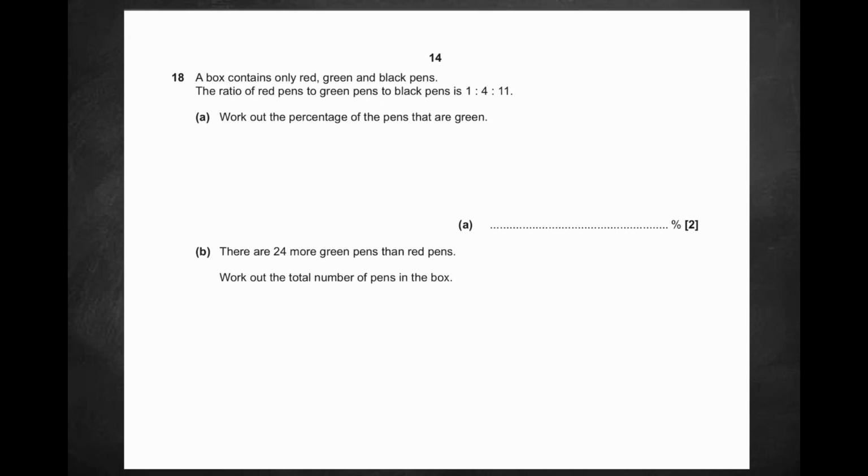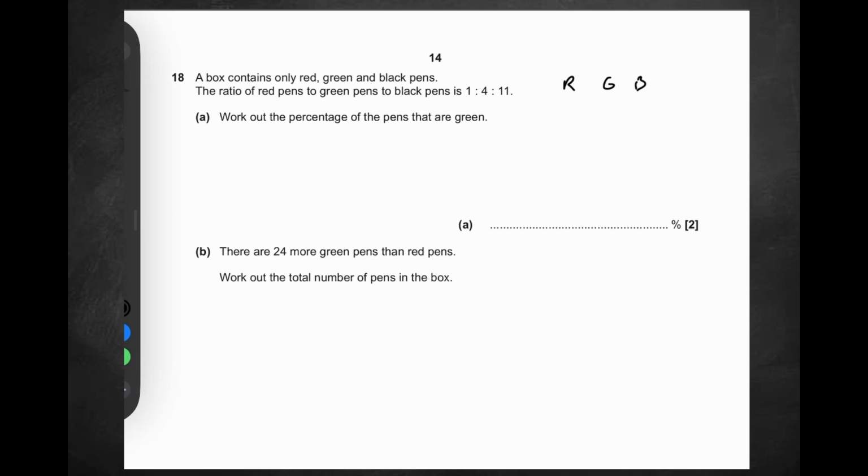Question number 18. A box contains only red, green, and black pens. The ratio of red to green to black is 1 to 4 to 11. Work out the percentage of the pens that are green. So we have red, green, black.